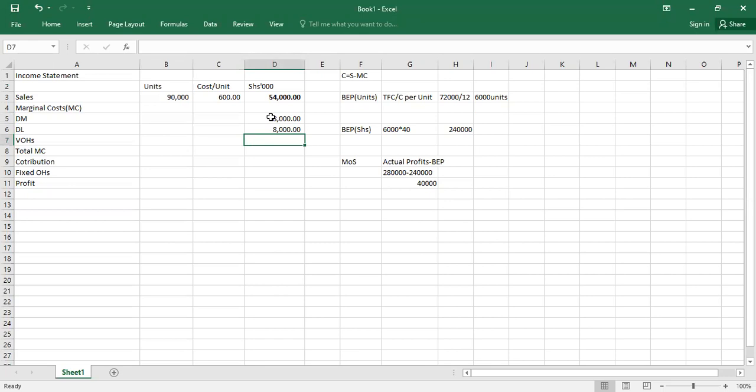Excuse me, the cost per unit you've written as 600. Yet 600 is the cost per bundle. We should divide 600 by 19 to get the cost per unit. That's what I think, because a bundle is 19 pieces.